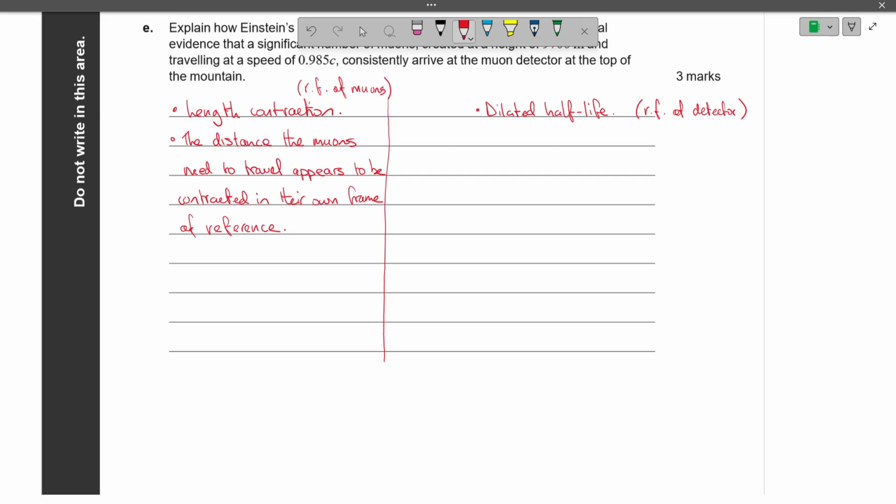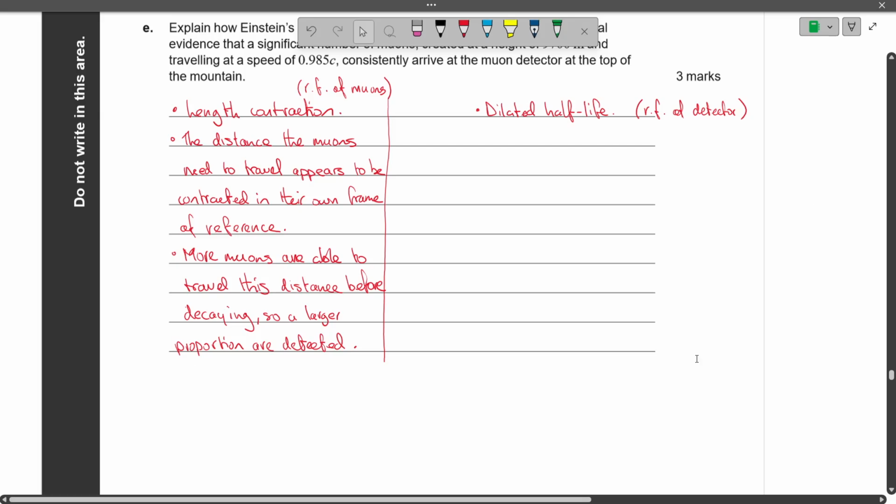Okay, so the distance the muons need to travel appears to be contracted in their own frame of reference, and so more muons are able to travel this distance before decaying. So a larger proportion are detected.